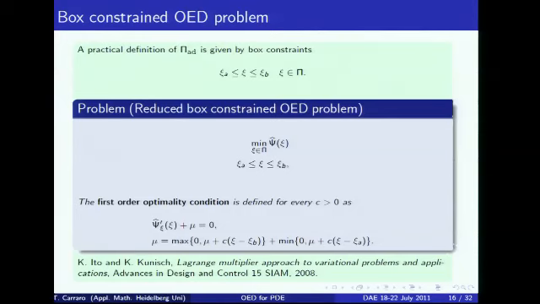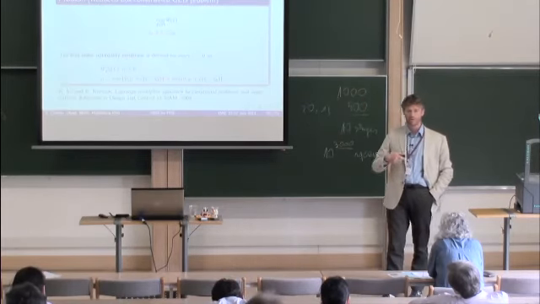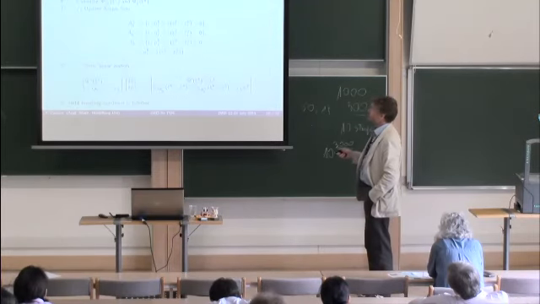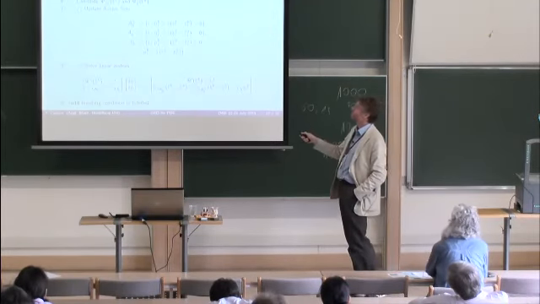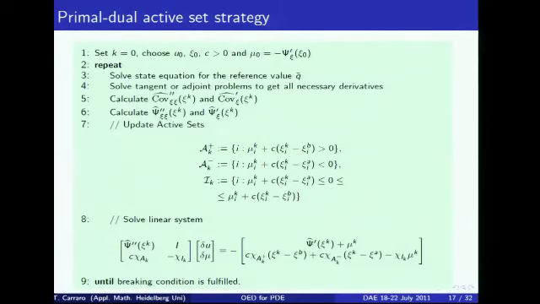I just cite a book from Michael Hinze, because you find here a derivation, and it also shows that this method is equivalent to a semi-smooth Newton. I implement this in a so-called primal dual active set strategy. So this is like an active set type Newton type algorithm.